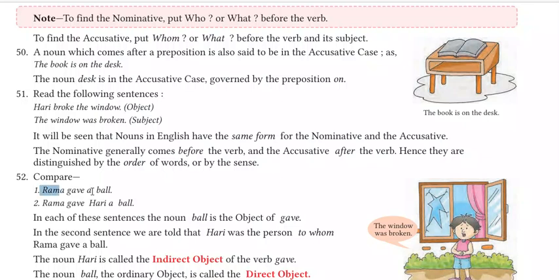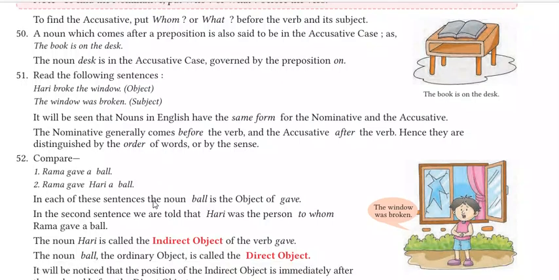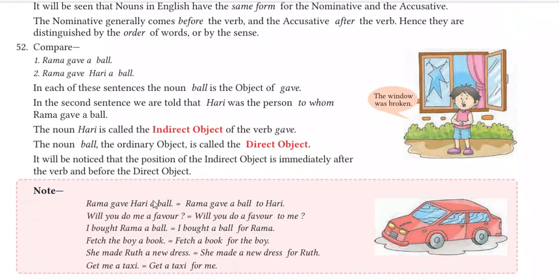Rama gave a ball. Rama gave Hari a ball. Now, there is another concept introduced here: direct and indirect object. In each of the given sentences, the noun ball is the object of gave.